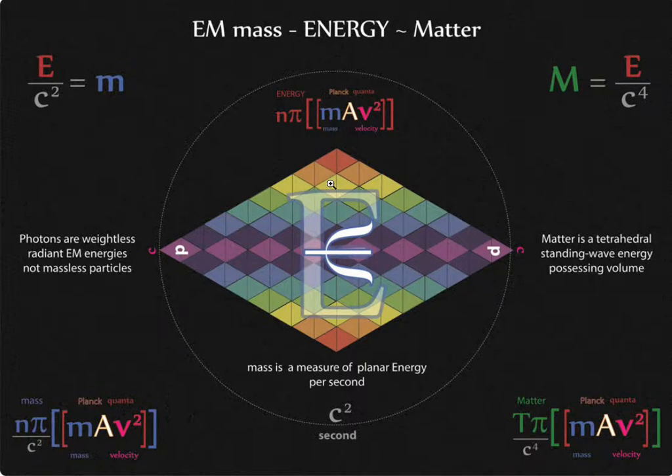Additionally, general relativity claims that photons are bent gravitationally by light near large bodies of gravitation. Tetryonics shows that this isn't the case, but that aside, all mass is a planar measurement of energy per second, as evidenced here with Einstein's formulation. Mass and energy are equivalent to each other depending on your unit of measurement.